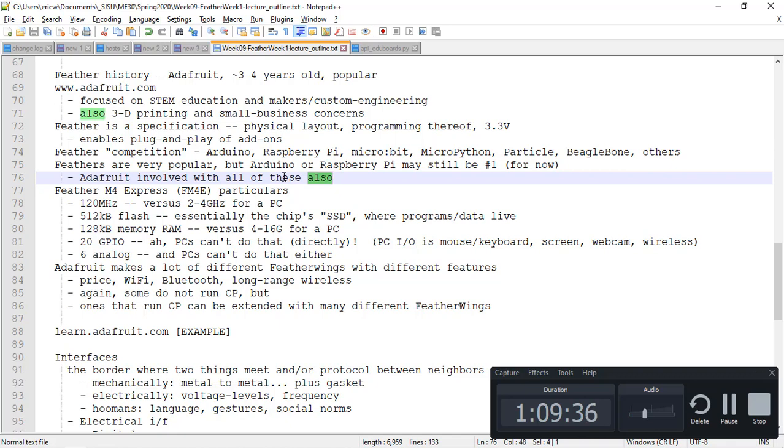So I always recommend when people start thinking about what they might want to do for an ME106 project is not only to look through the projects that have been published on the Adafruit website, but also just to look at the product catalog.